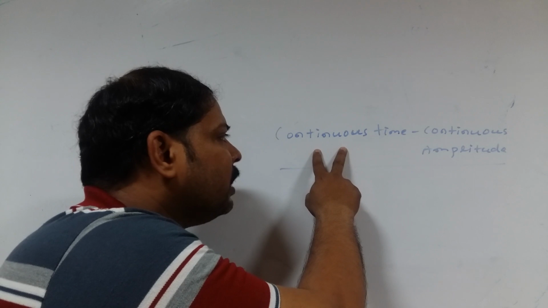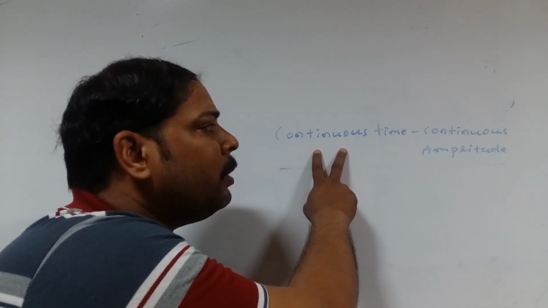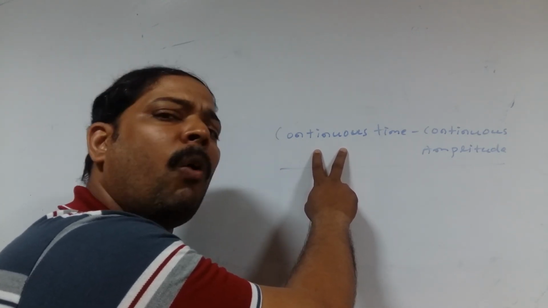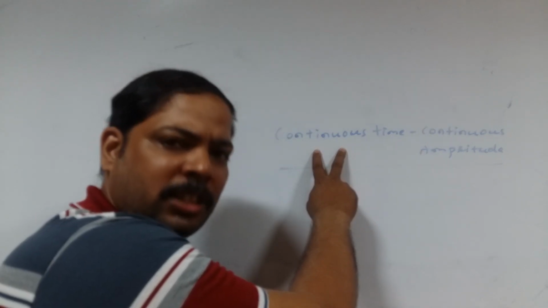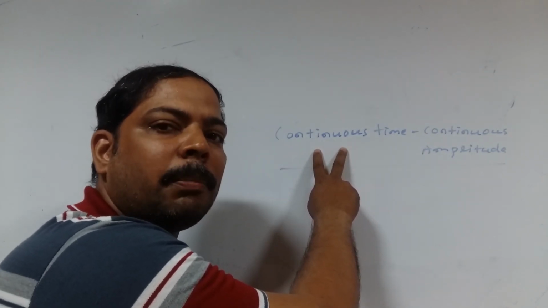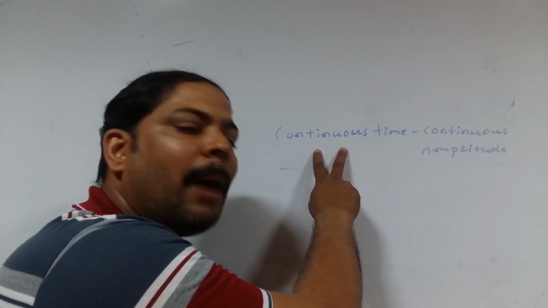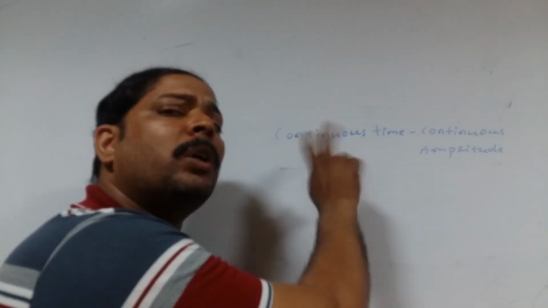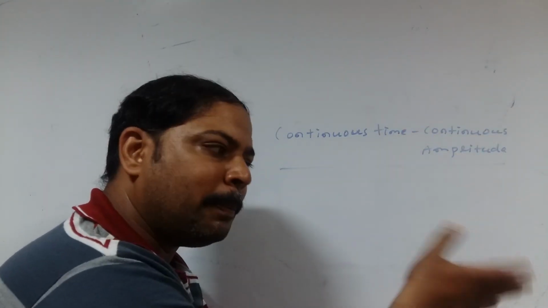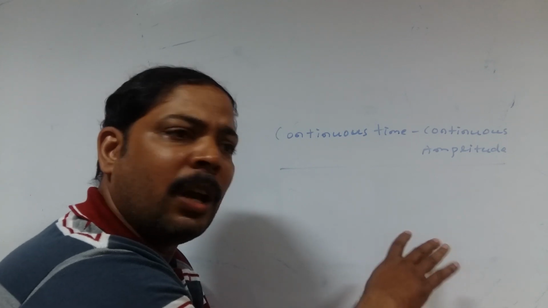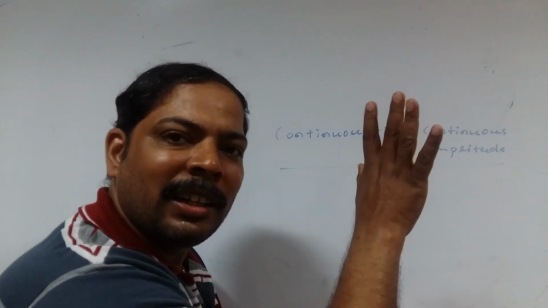Again I am repeating, the signal is continuous in time if for all time points over the time axis the amplitude values are properly defined. That means within the signal all time points are present.